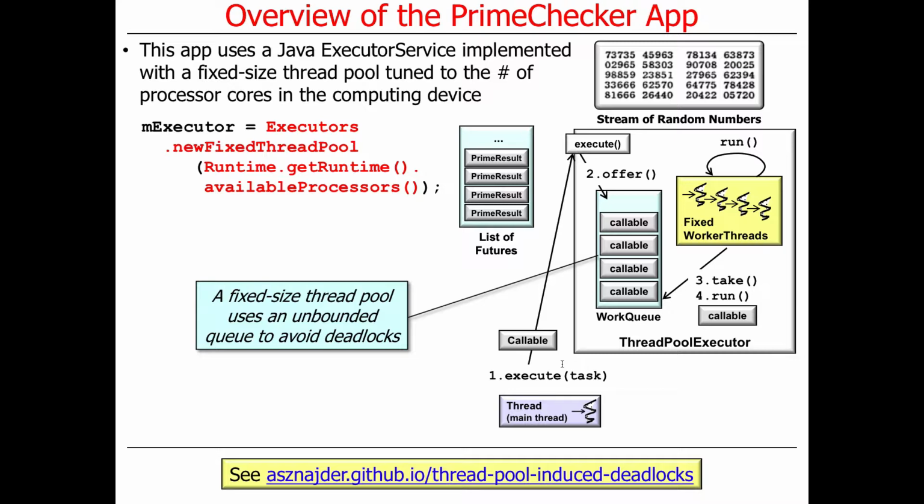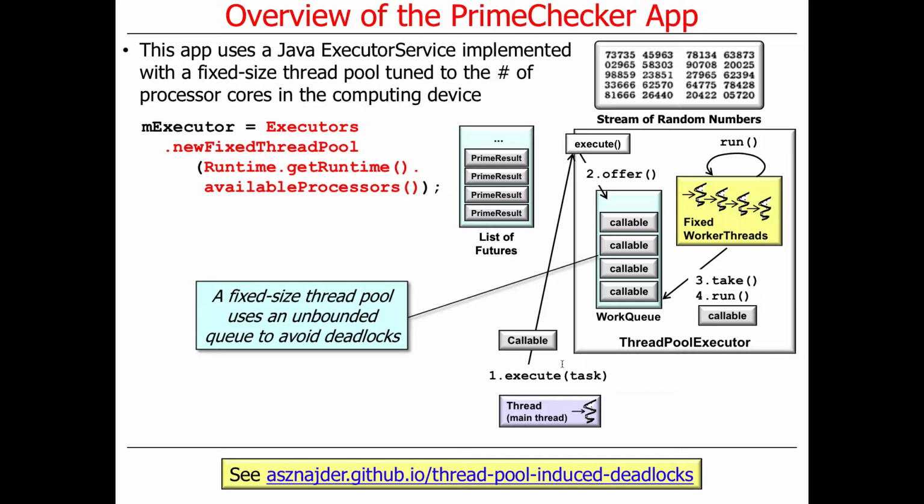So not only is the outside world thread putting things in the queue, but the threads inside the pool can also create new tasks and stick them in the queue as well. Well, you can imagine if you've got 4 threads running and all 4 threads go and try to put things in the queue, and the queue is already full, then those threads are going to block because the queue is full, but the queue will never get not full because all the threads in the pool are blocked trying to put things in the queue, right?